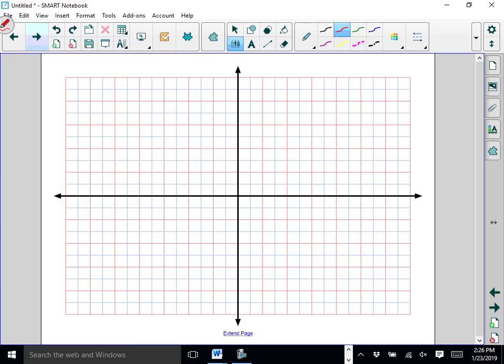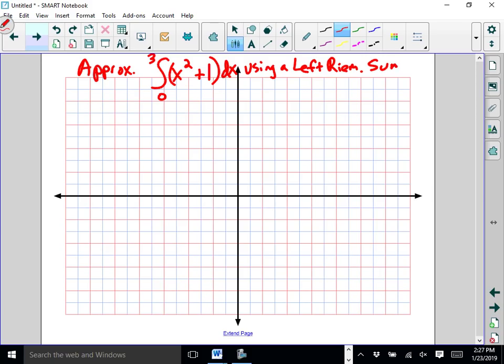I want you to approximate the integral from 0 to 3 of x squared plus 1 dx using a, let's do a left Riemann sum with n equals 3 equal subdivisions.